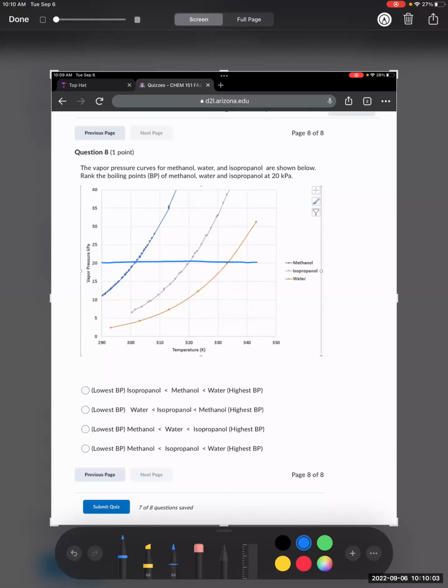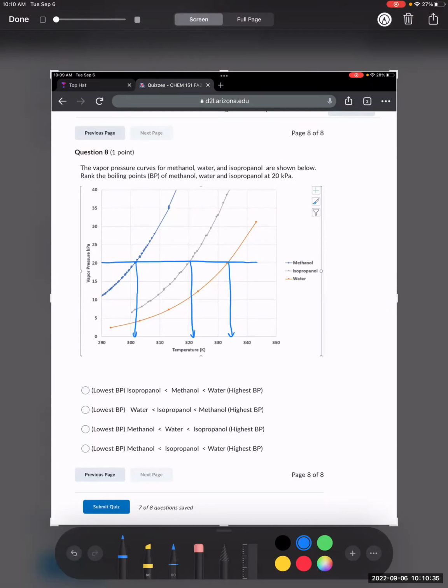For methanol vapor to reach that external pressure, it needs to be at this temperature. For isopropanol, it needs to be at this temperature. And for water, it should be at this temperature.